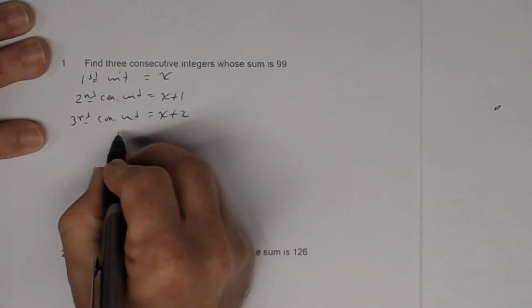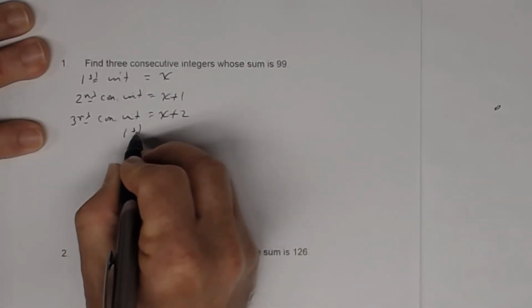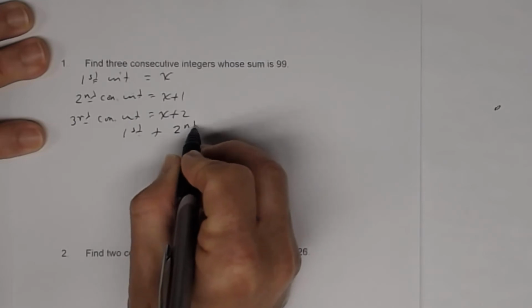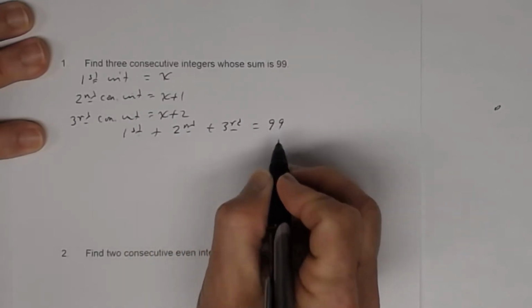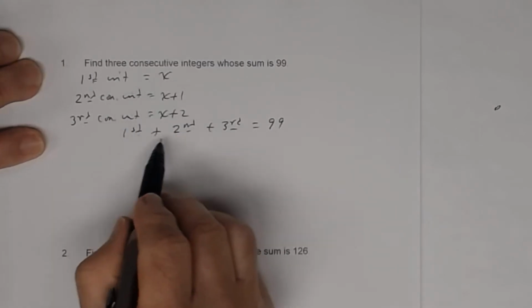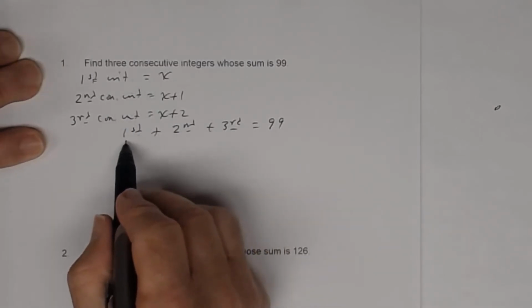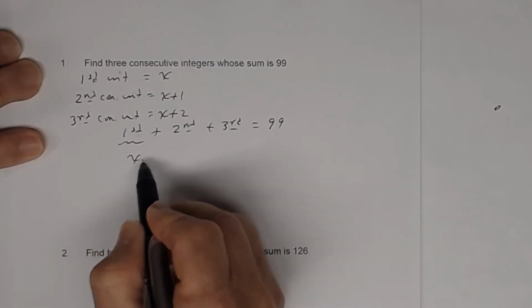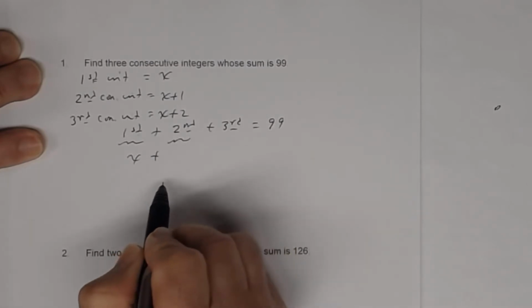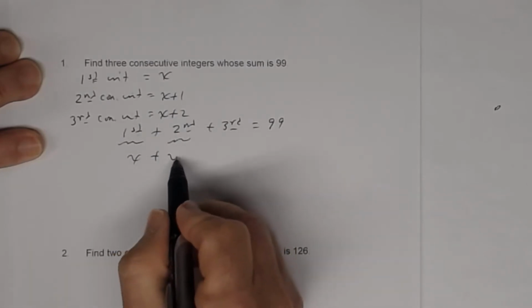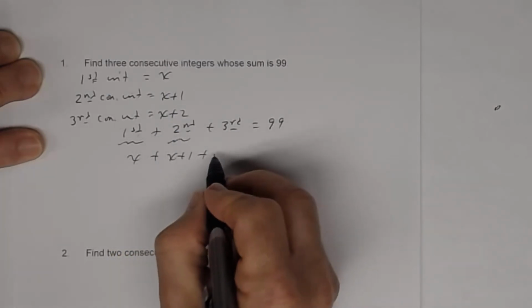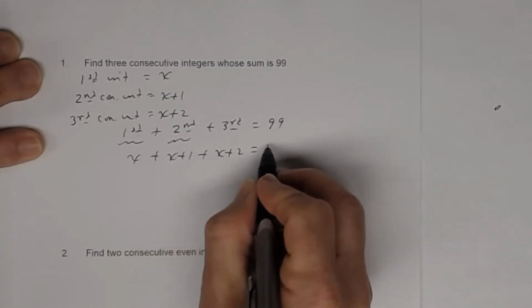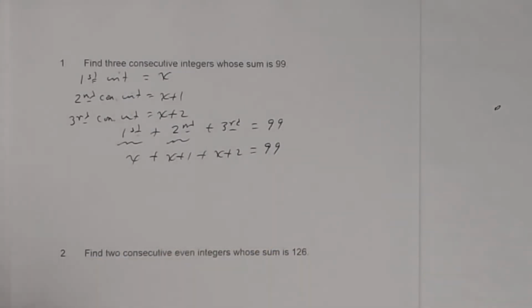So the first plus the second plus the third equals 99. All you do is write those expressions. The first is x plus, the second is x plus 1 plus, and the third is x plus 2. And what should they all equal? 99. And there's your equation.